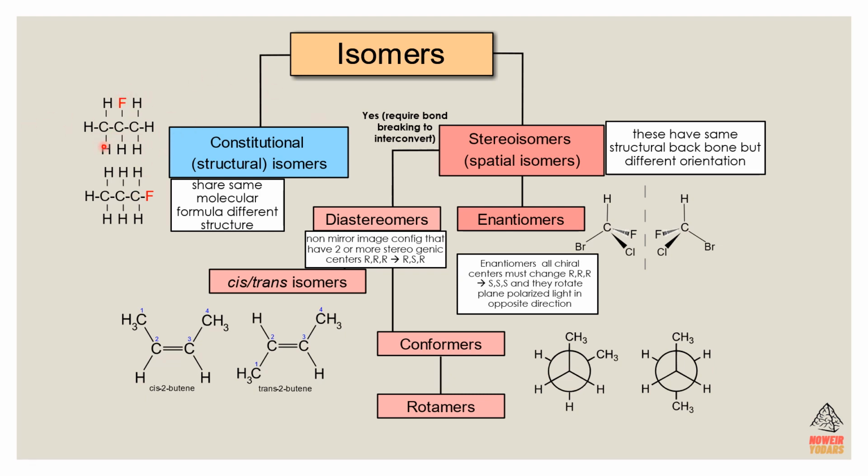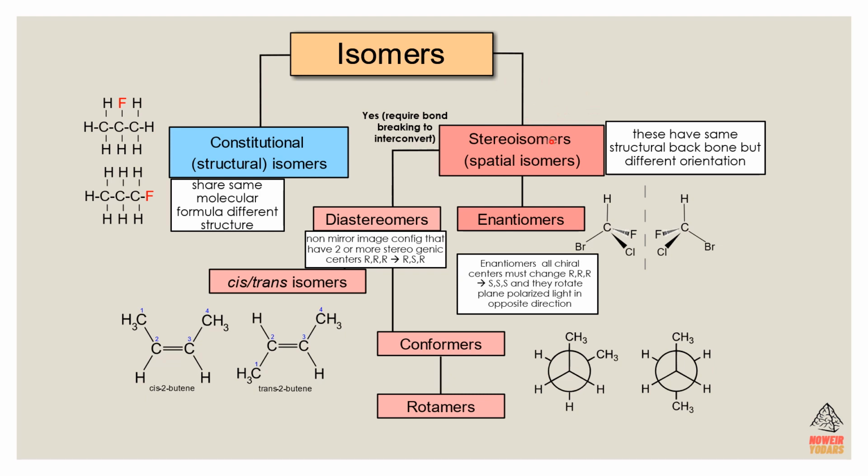For instance, in the upper structure the fluorine is in the middle. It's the same molecular formula, same arrangement, except for the fluorine. And then here the fluorine replaces the hydrogen on the side, and it has a different structure. So that's structural isomers: same molecular formula but different structure.